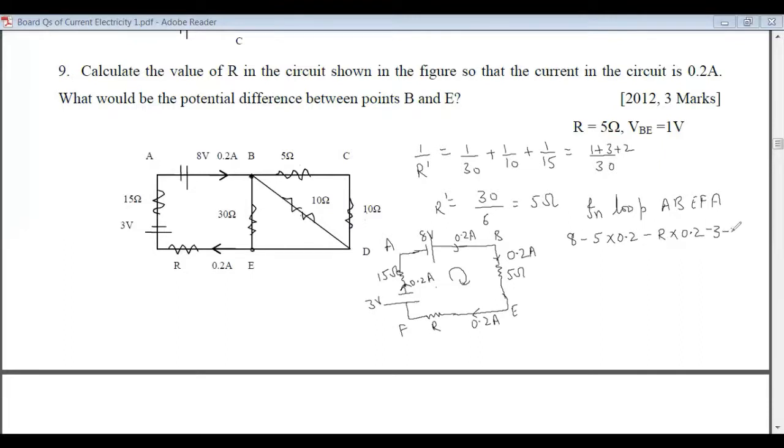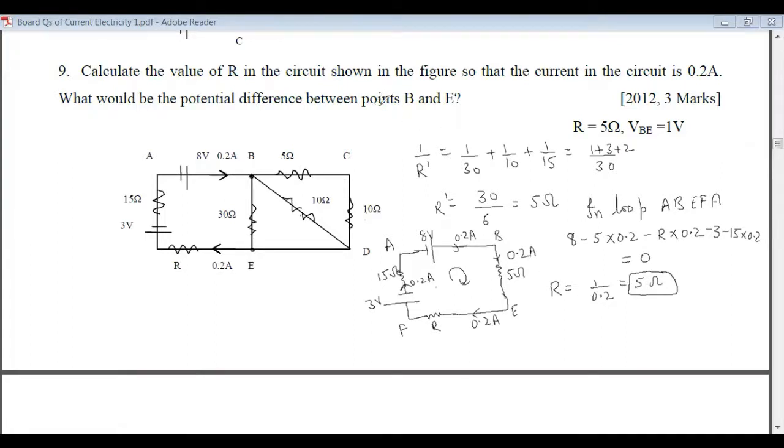So minus 15 into 0.2 should be equal to 0. Simplifying it, R is equal to 1 upon 0.2, that is 10 upon 2, that is equal to 5 ohm. So hence the unknown resistance R is 5 ohms.